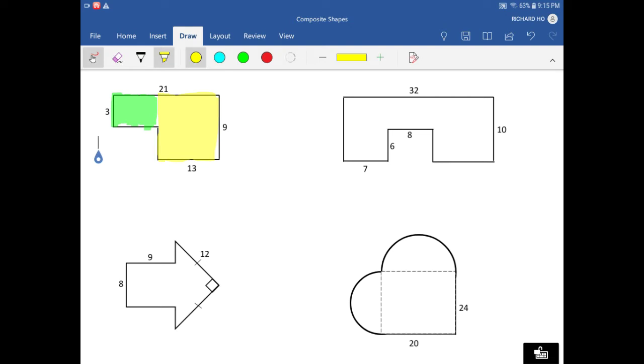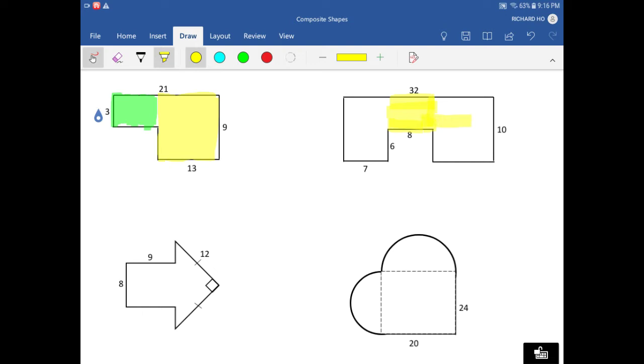So here you could take this whole thing here. Yeah, why don't I do that? Yeah, I can do that. So what I was thinking was you could do this shape here, and then you have a rectangle on the left and a rectangle on the right.